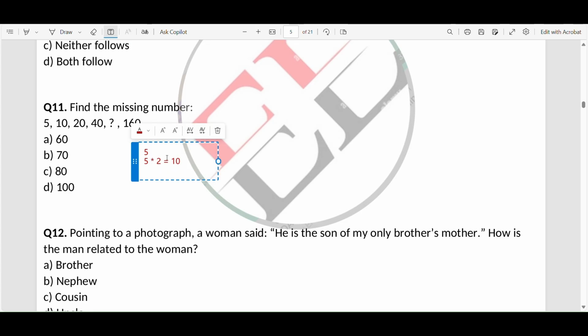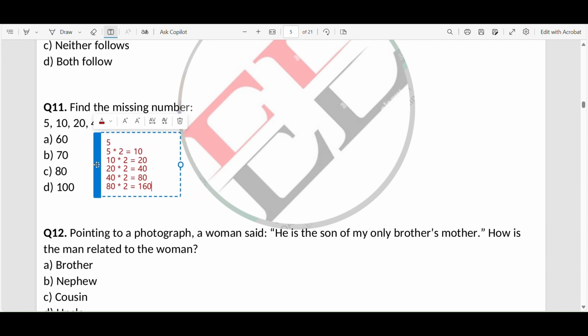The second one is 10, and by doubling it we get 20, and by doubling 20 we get 40, and by doubling 40 we get 80, and by doubling 80 we get 160. Fine.